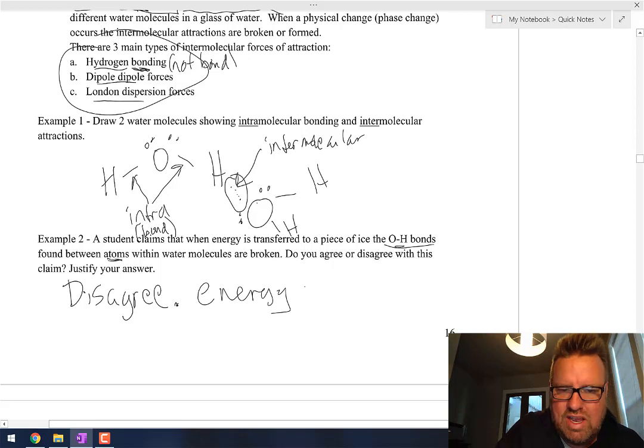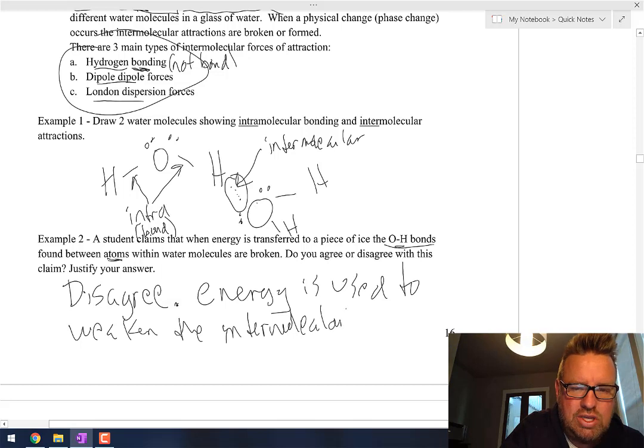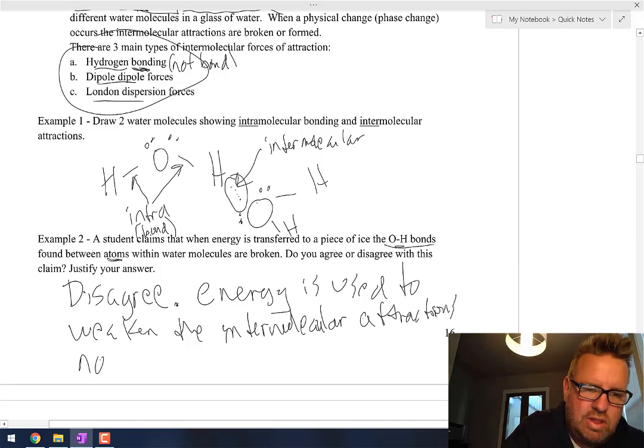I'm going to say that energy, and there are lots of different ways you can say this, is used to weaken the intermolecular attractions, and yes, you have to use that word, intermolecular. And then you can say not the bonds.